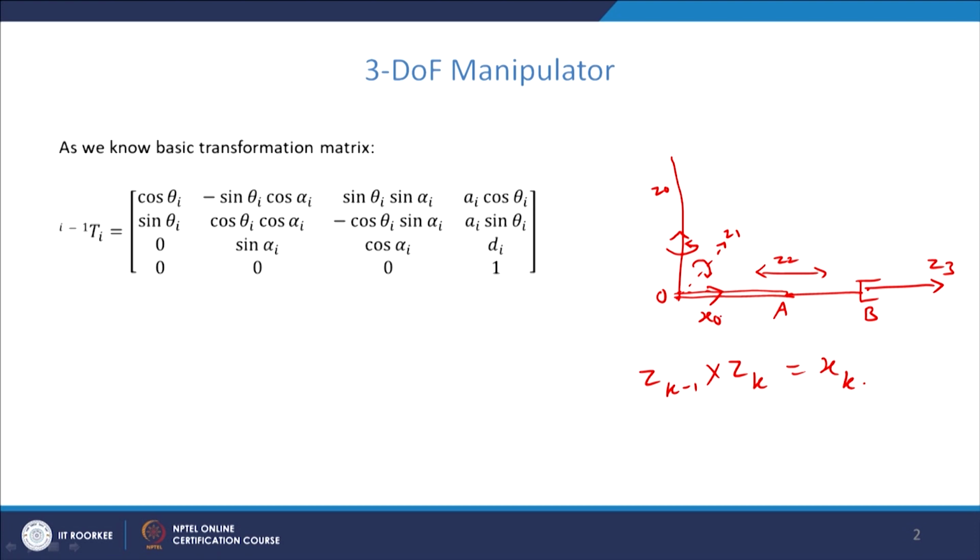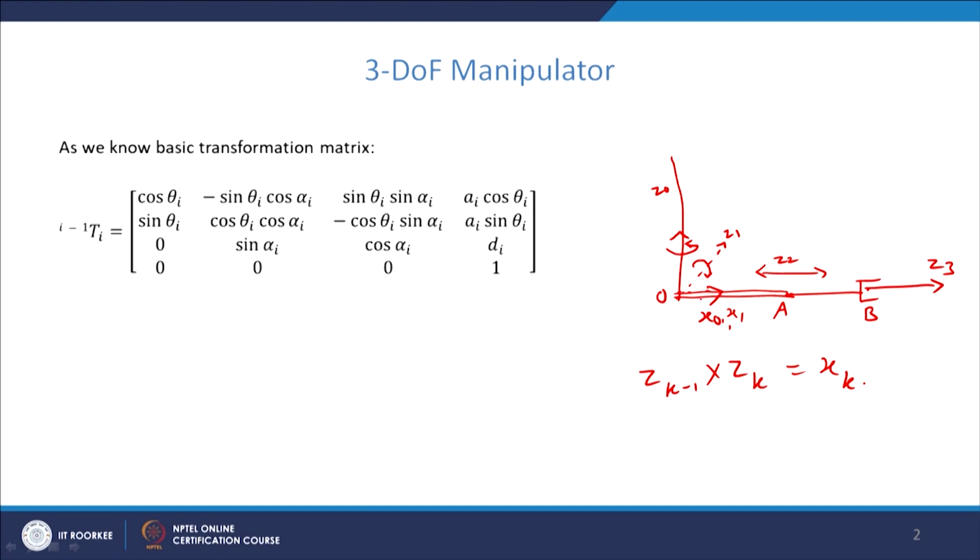So, it will coincide in this particular situation with X0 itself, the same as X0 direction in this picture, but if it is in a different position in a rotation, then X0 and X1 will be in different directions. Then X2 direction is Z1 cross Z2.